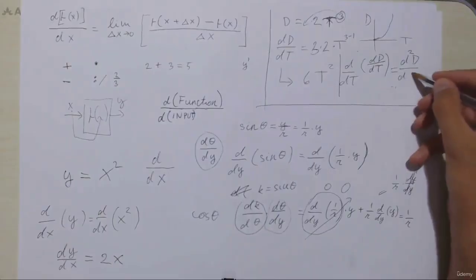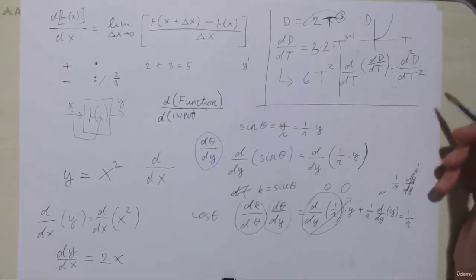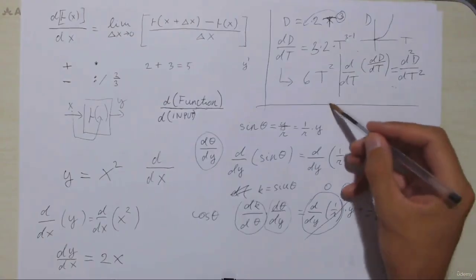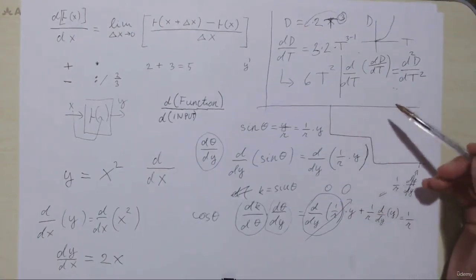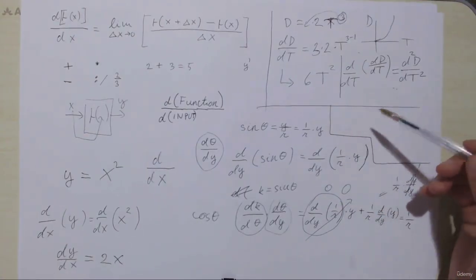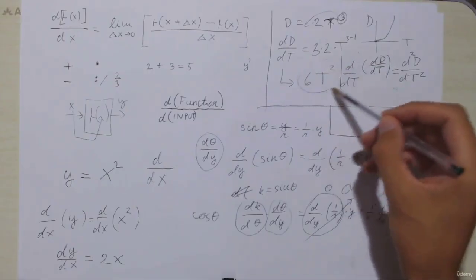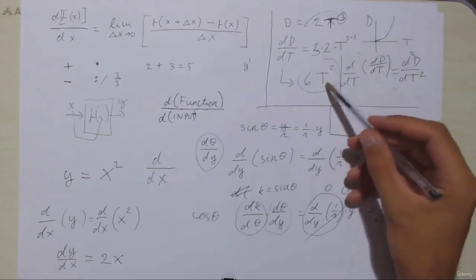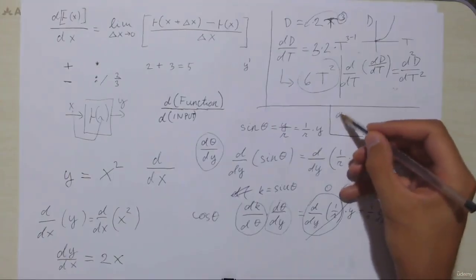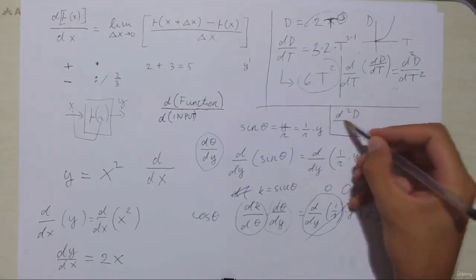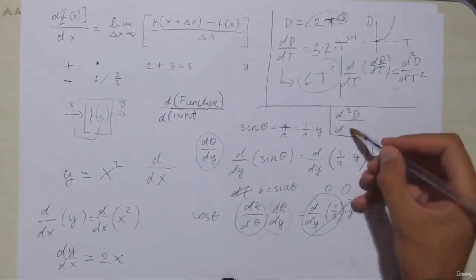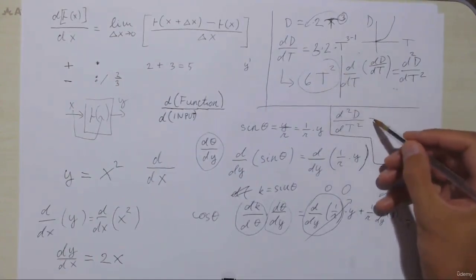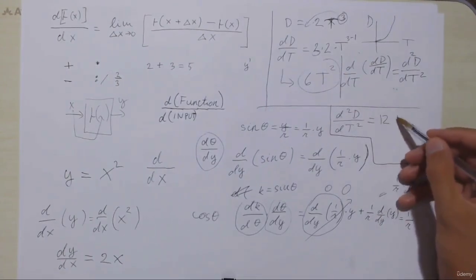So you have dt squared. And now this is a double derivative. So the double derivative is a derivative that you take from the first derivative. So if this is my first derivative, and in this example it's speed, if I take a derivative of this function, then it would be d squared d over dt squared, which would be 2 times 6, which is 12, times t.